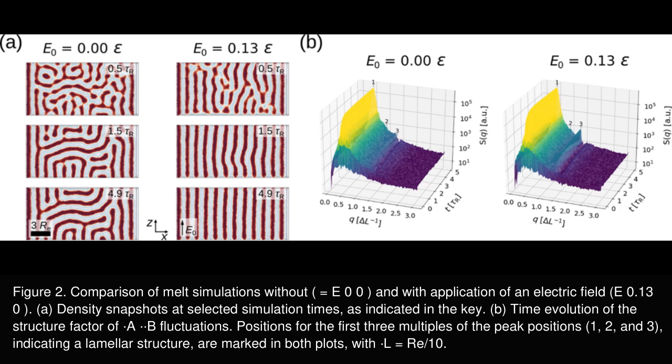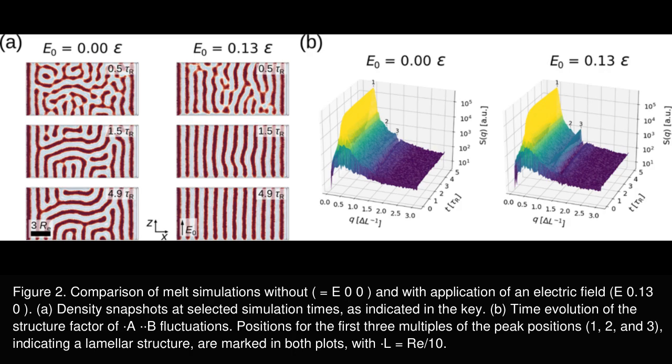This observation confirms the dielectrophoretic aligning effect, whereby interfaces between blocks of different permittivities orient to reduce free energy in the field. Panel B shows the time evolution of the structure factor of the composition fluctuations, highlighting characteristic peaks that correspond to the formation of a lamellar structure. The positions of the first three multiples of the fundamental periodicity peak are marked, accentuating the clear lamellar ordering under electric field conditions.